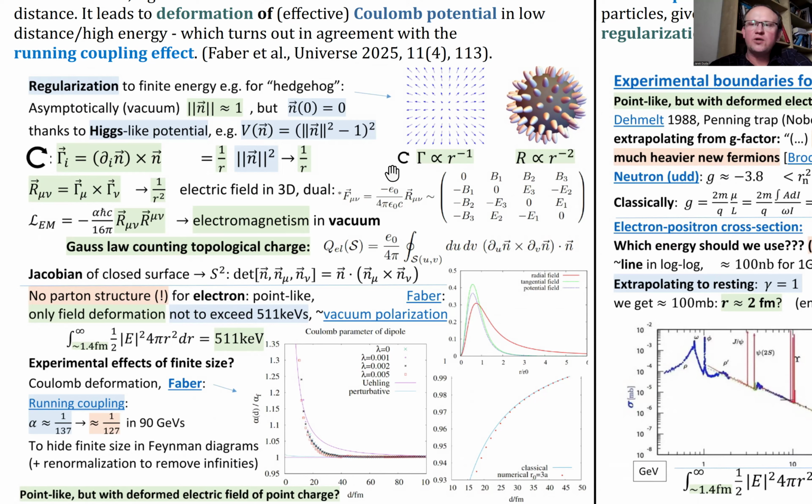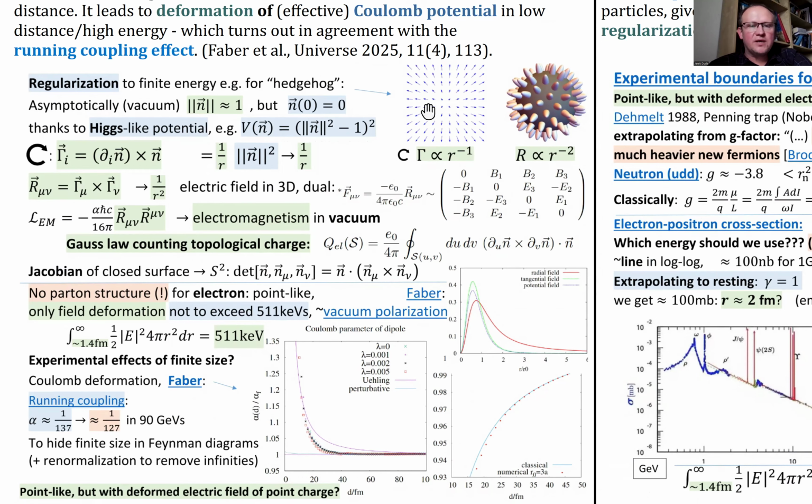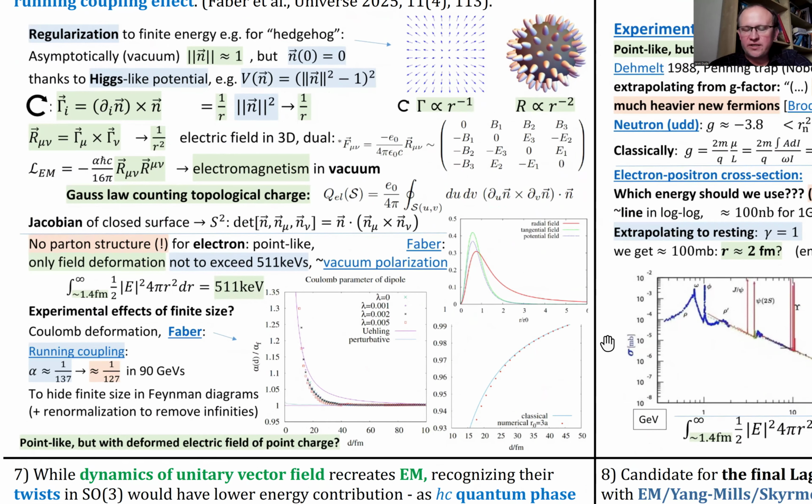Asymptotically we have that electric charge as topological. However, near the center of the particle, something happens to avoid the singularity, deforming this shape. And with this deformation, Manfred Faber has calculated this Coulomb interaction. You can see the red dots versus the Coulomb, the blue line.